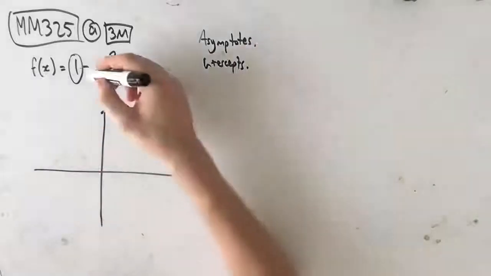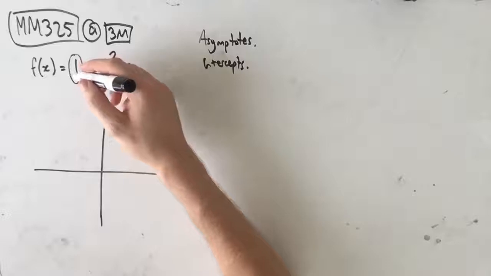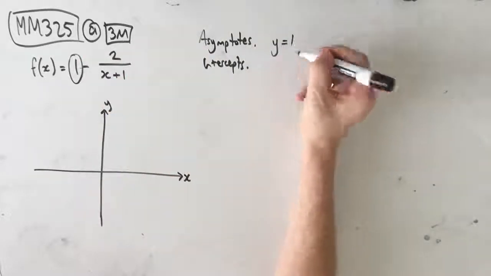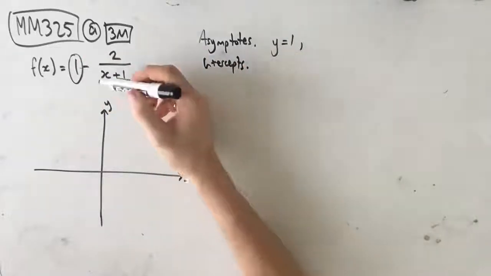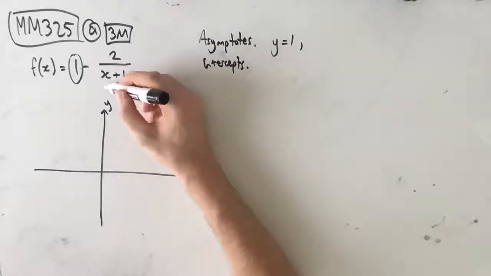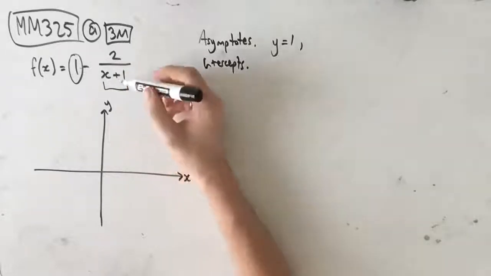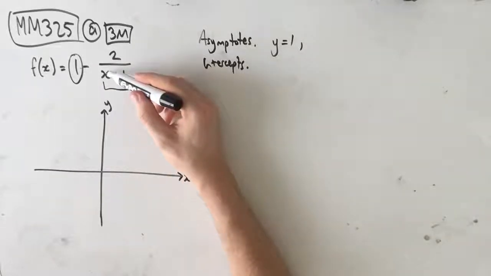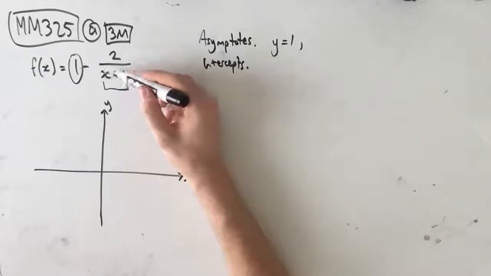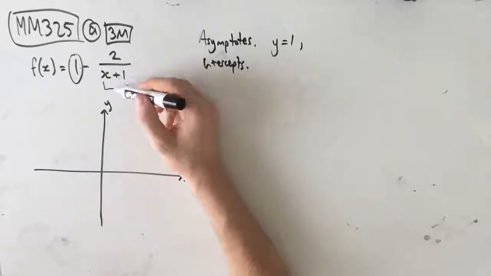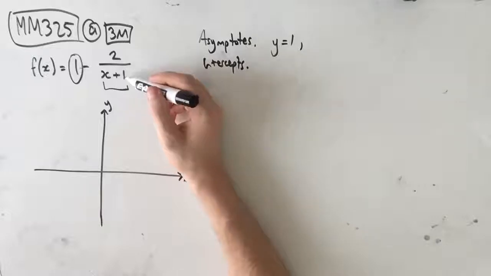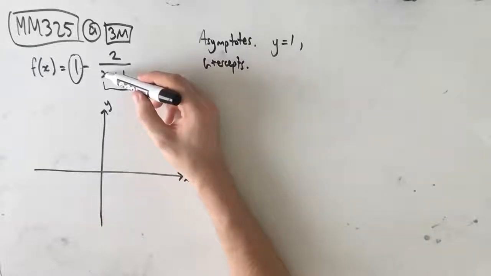So our horizontal asymptote is y equals 1, okay? Y equals 1. And our vertical asymptote is determined by this, okay? So it's almost like, what does x have to be to make this bit equal 0? Because we can't divide by 0, so it's going to be an asymptote where that equals 0, which means that x has to equal -1.